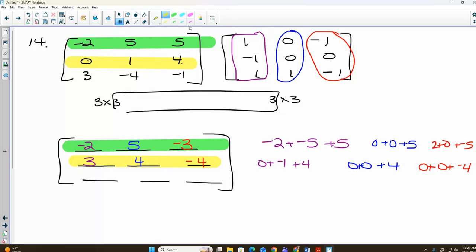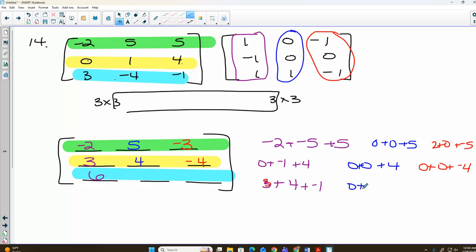Then we're on to the third row. So we take that row times each column. So 3 times 1 is 3. Negative 4 times negative 1 is 4. Negative 1 times 1 is negative 1. Add that together and we get 6. 3 times 0 is 0.